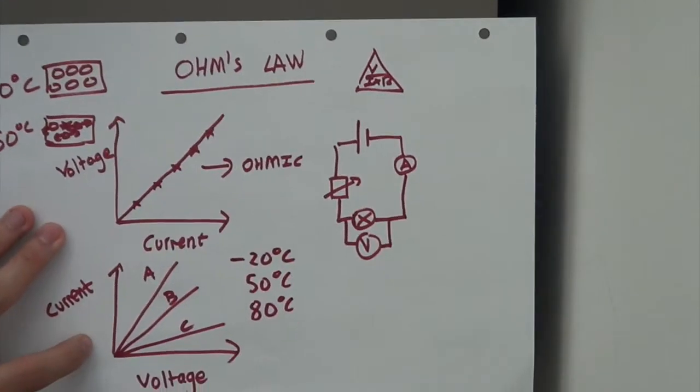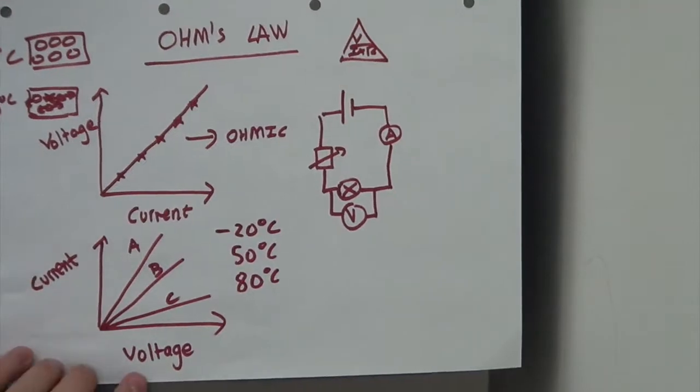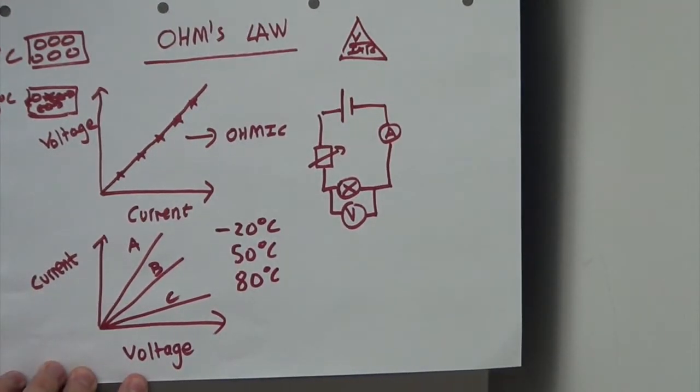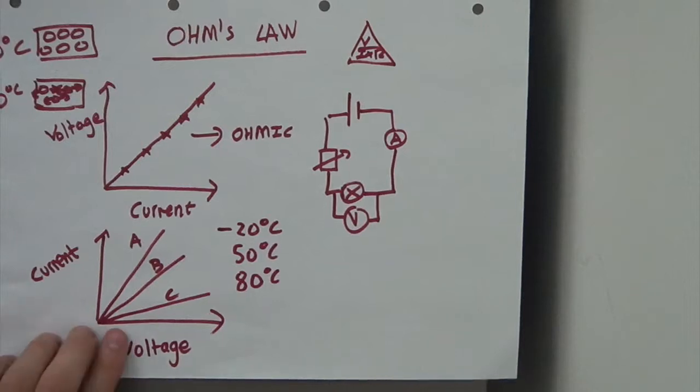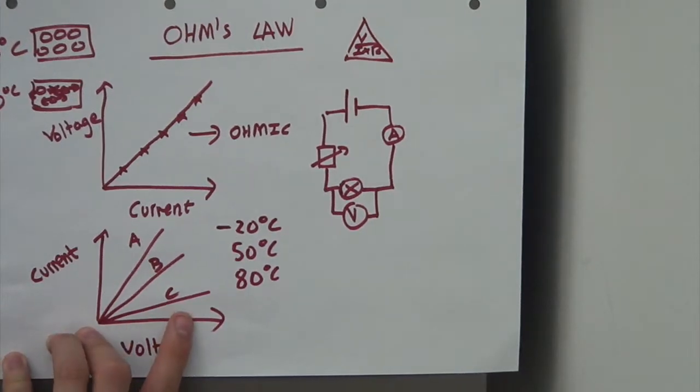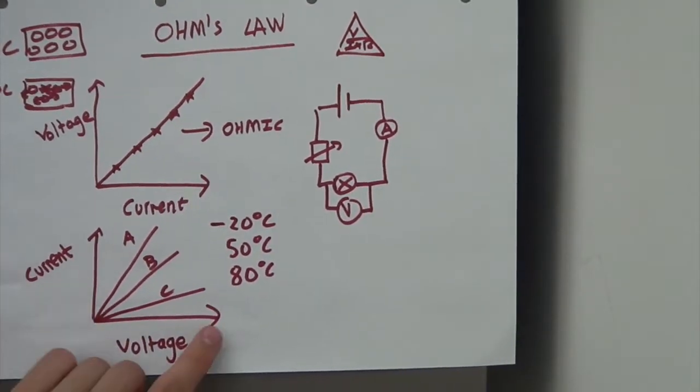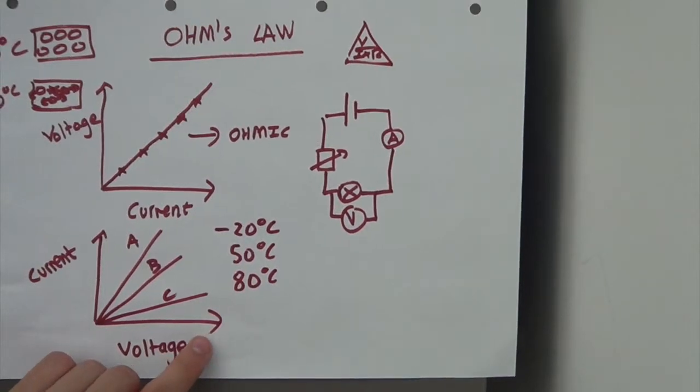Current is the y-axis and voltage is the x-axis, but I want you to focus on current mainly. You can pause the video and have a think about it, but let's think about this. Line C, or resistor C, has got a low current at this particular voltage.